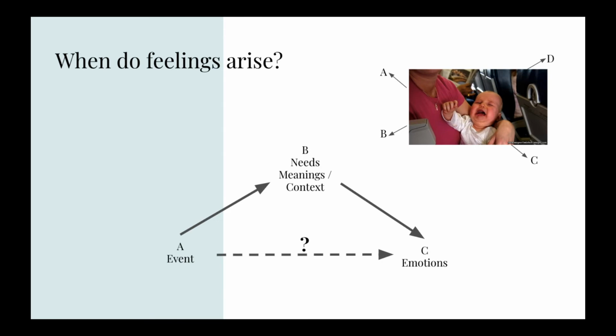In this case, the event is the same that the baby is crying, but we have three different reactions in terms of the emotions that arise. This is because it's not the event that has caused the emotion, but each of us has different needs. So, in the case of the businessman, he could have felt frustration because he had a need for deep rest.